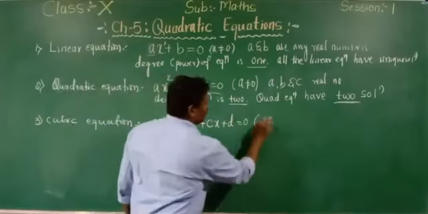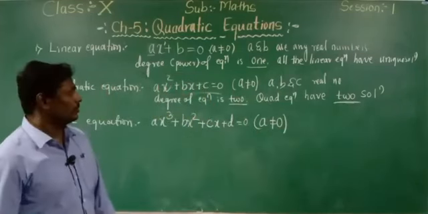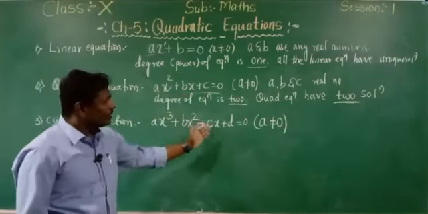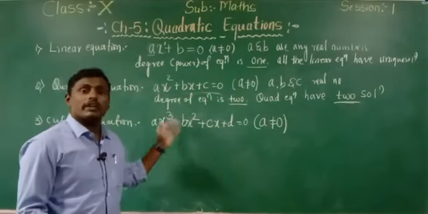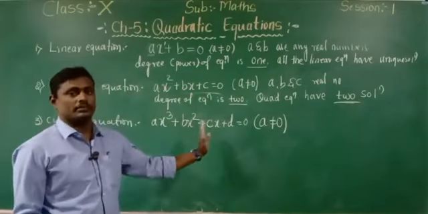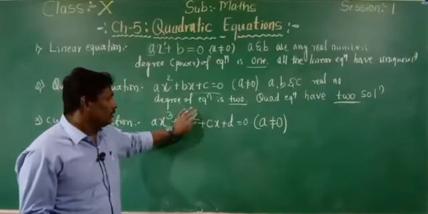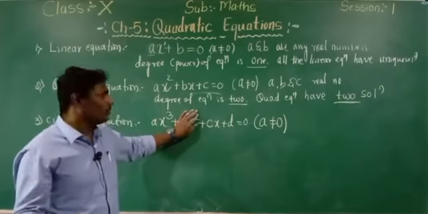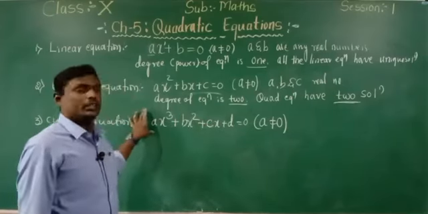So compulsory we need to write here a is not equal to 0. Then what about b, c and d? They may be 0 also, but it does not affect the equation. If b becomes equal to 0, the whole term is 0, so it does not affect the cubic equation.